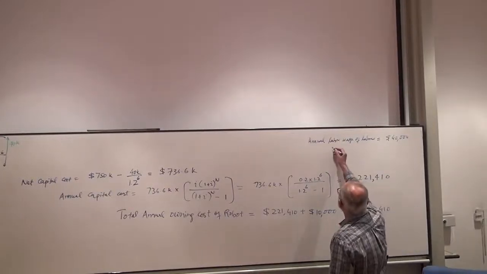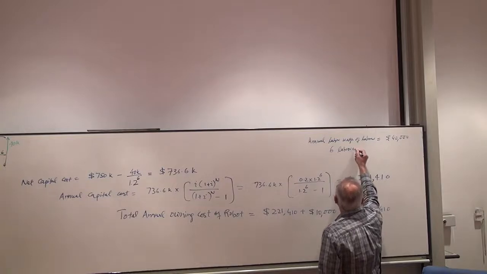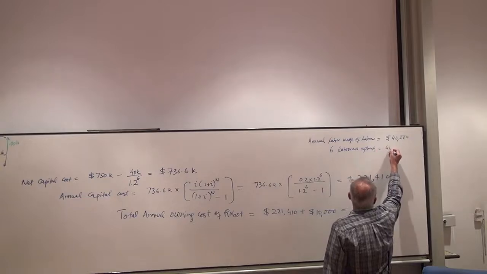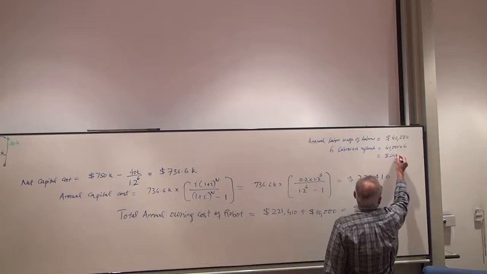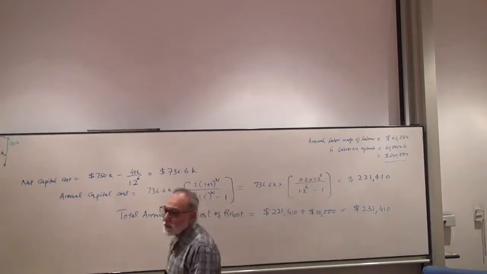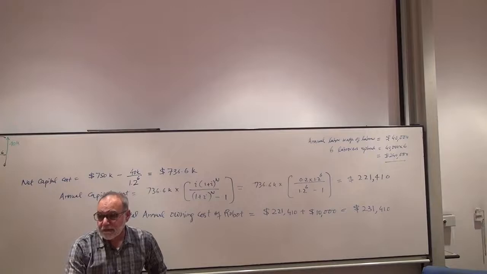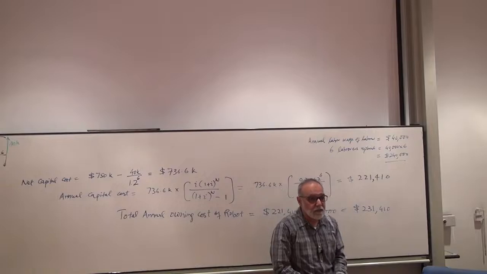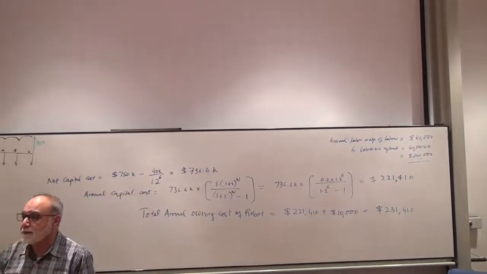So if there are 6 laborers replaced, this is 40,000 multiplied by 6, so it is 240,000. In this case, it may be justified if it is replacing 6 laborers. If it is replacing more than that, then of course it will be justified. If it is less than that, then it won't be justified economically.